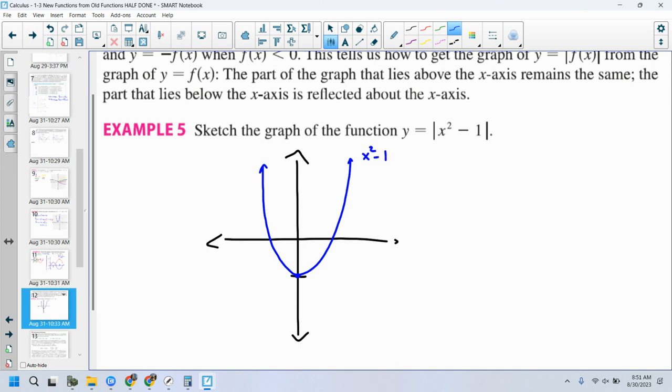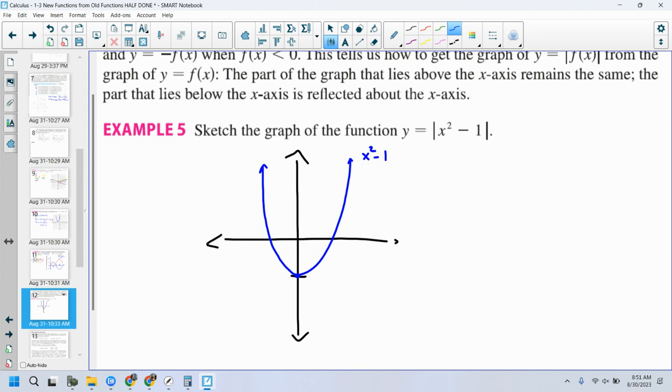Okay, what if I take the absolute value of that? Well, it's going to say that anything that would come out negative in terms of the y values would flip positive. What happens to the things that come out positive? Nothing. They stay positive, right?